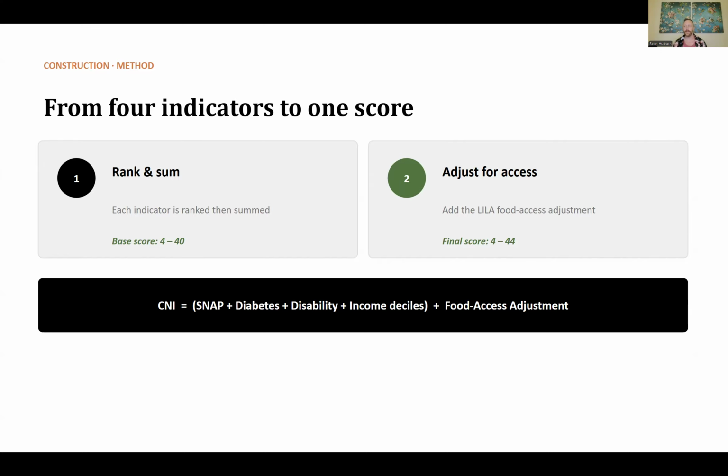But if it is not considered low access, it gets a score of 0. If it is low access but not low income, it gets a score of 2. If it is combined low access, low income, it gets a score of 4. So there's an adjustment. So the CNI is those 4 deciles ranked and summed with a food access adjustment.